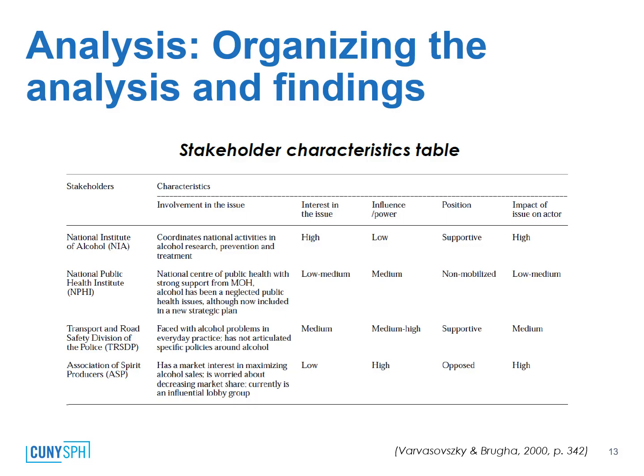Let's look at the first row, which is the National Institute of Alcohol Abuse and Alcoholism, which is highly supportive with high involvement but has relatively low influence. Meanwhile, the Association of Spirit Producers at the bottom has high influence but is opposed. This kind of table helps us quickly see where stakeholders stand and how their roles differ.